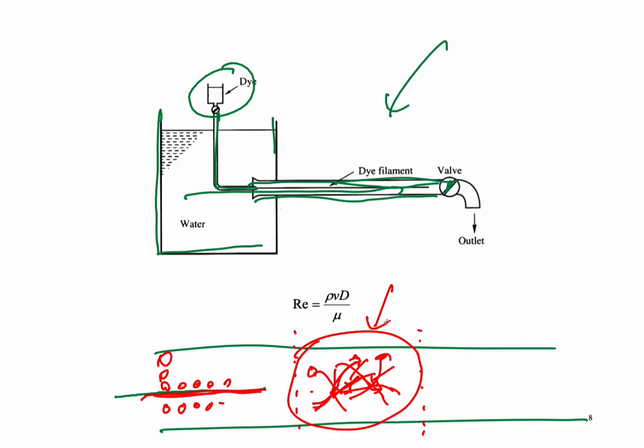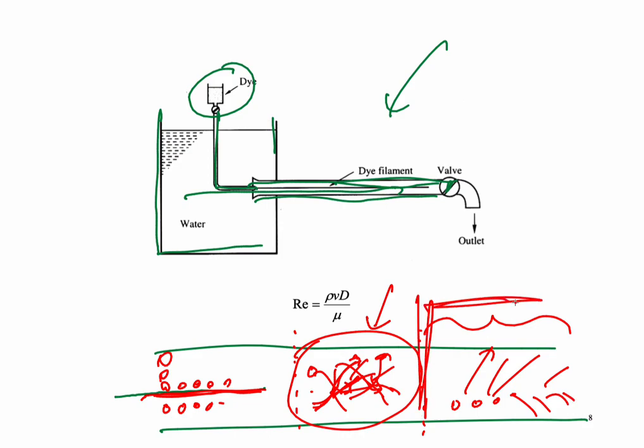Then at the fully turbulent region, the dye dispersed in water, we cannot see the color because all the molecules of the ink go all over the fluid. So this region is called the fully turbulent region.